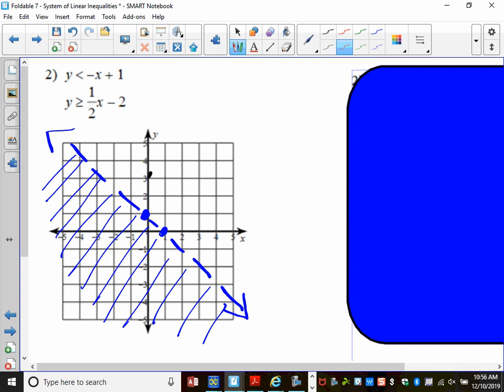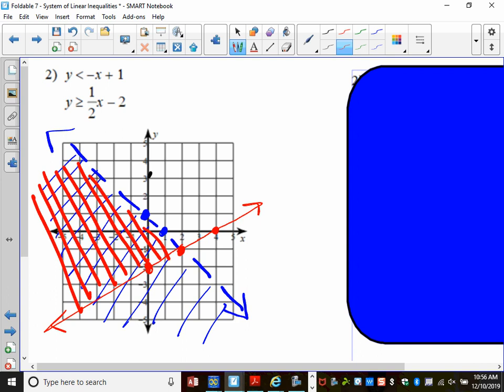And then we'll start with -2. And I'm going to go up 1 over 2. And this is a solid line. And this one is shaded above. Okay, so that means I'm shading above the line.